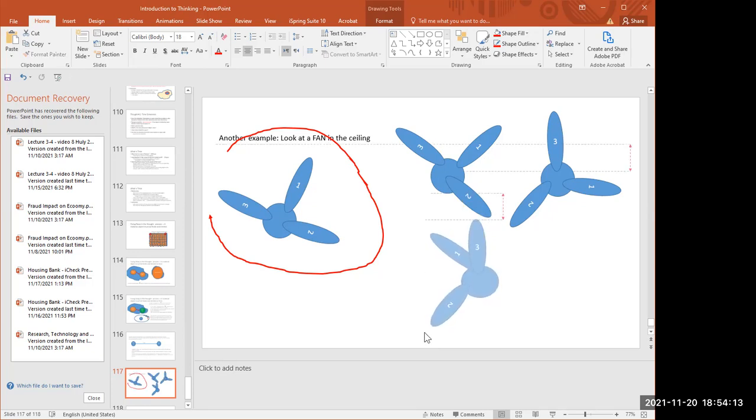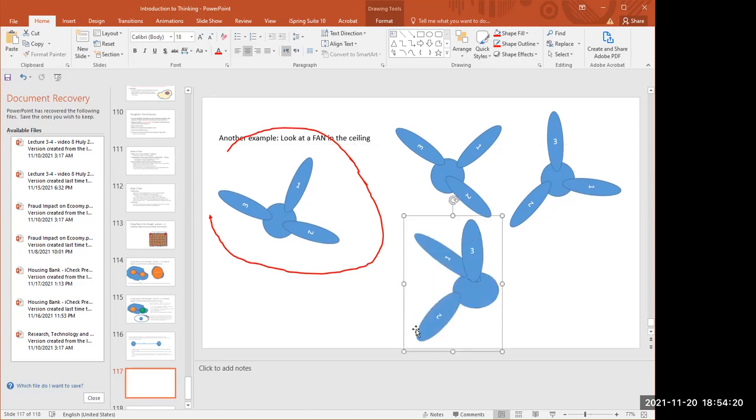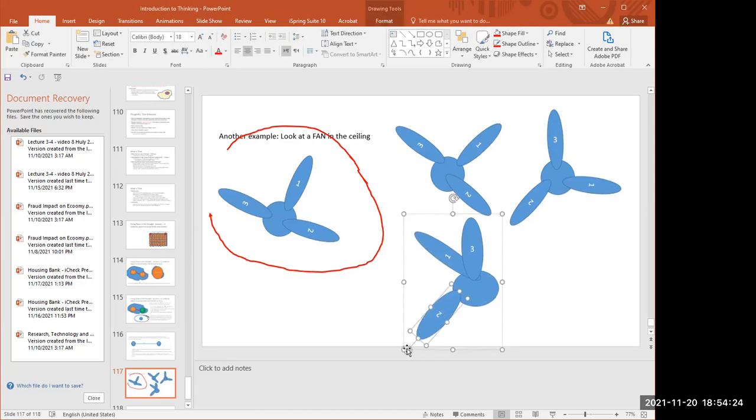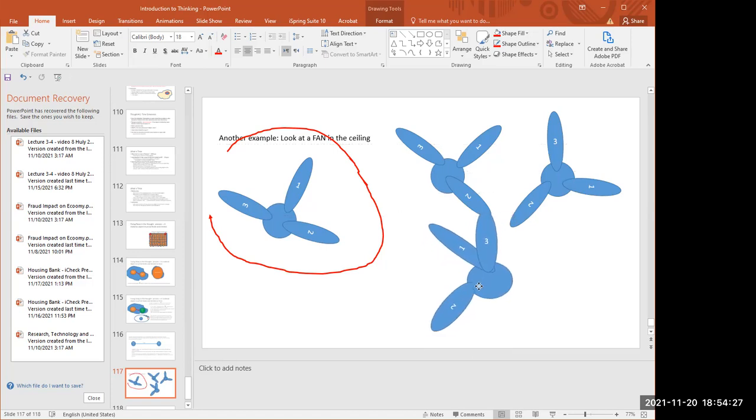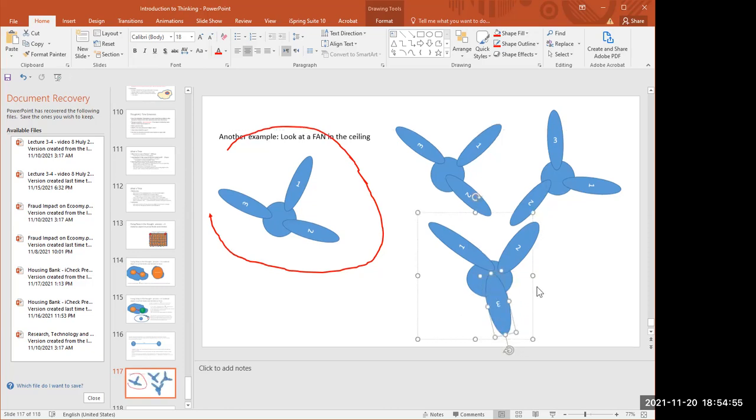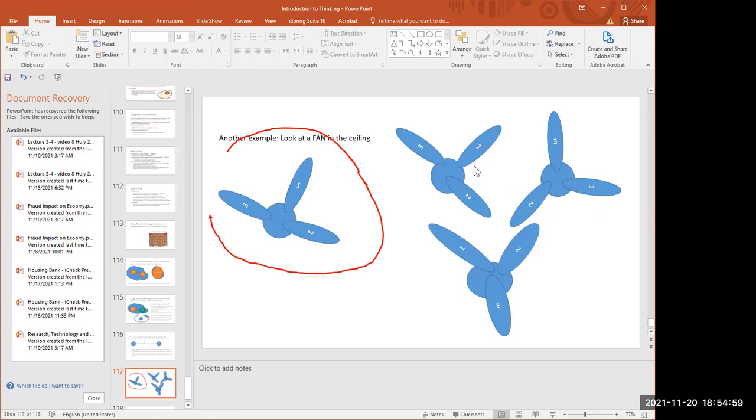And this, something like this. I'm not good at drawing, but nevertheless, I'm trying to show some visualization here.